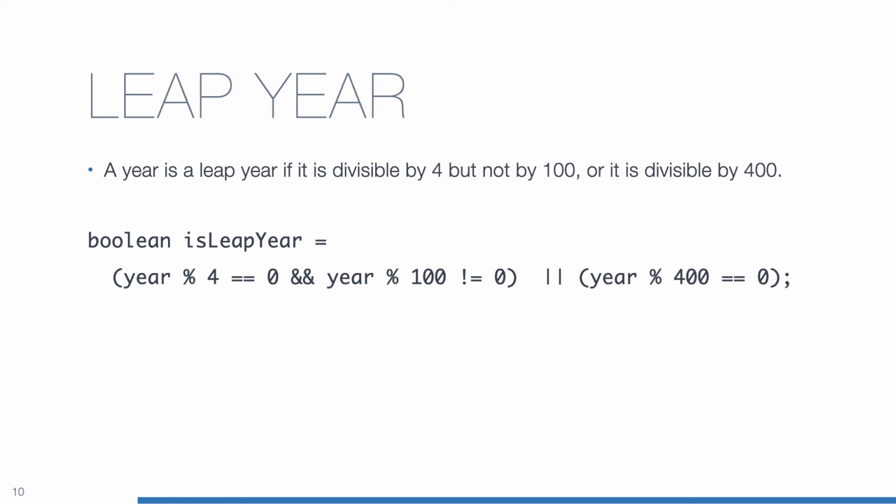So there are 3 instances every 400 years where a year is divisible by 4 and it is not a leap year. So, for example, the year 2000 is a leap year, but the years 2100, 2200, and 2300 will not be leap years. 2400 will be, but everyone in between those that's divisible by 4 will be leap years.